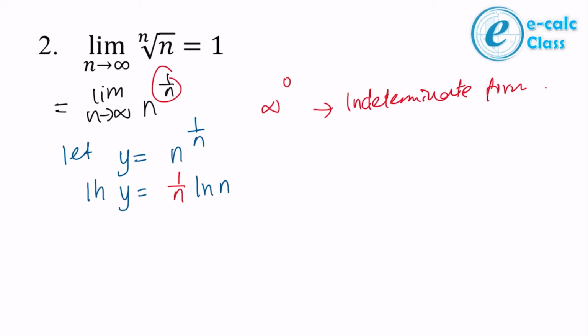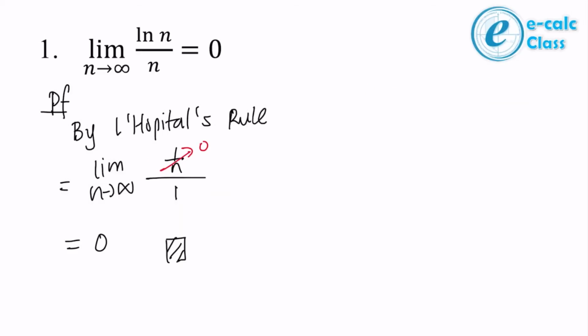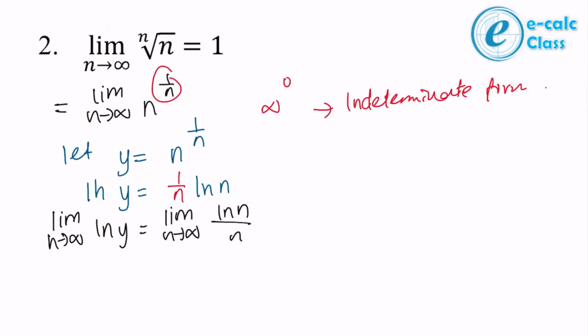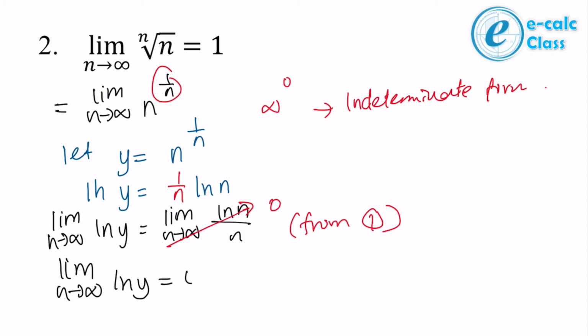Before we do anything, we go ahead and take the limit as n approaches infinity on both sides. This fellow here looks very familiar, isn't it? This is what we just proved in part 1. This is just 0, so this is equal to 0 from part 1. So the limit as n approaches infinity of ln y equals 0.